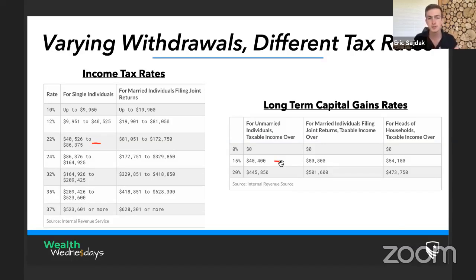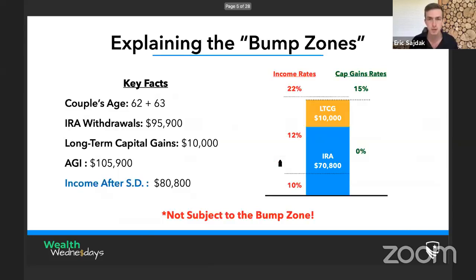So at every zone, you'll see that realizing long-term capital gains will have a lower tax rate than realizing something that would be classified as ordinary income. Okay, but it's basically how the long-term capital gains rate and income rates stack together that creates what's this capital gain bump zone. Okay, so let me kind of explain how this bump zone is created.